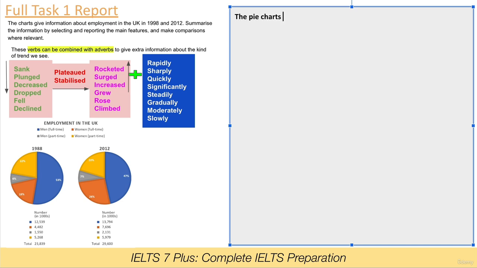The pie charts provide maybe analysis regarding employability figures in the United Kingdom.